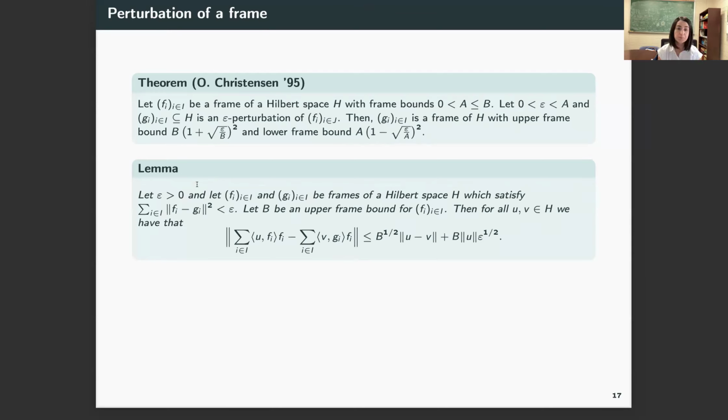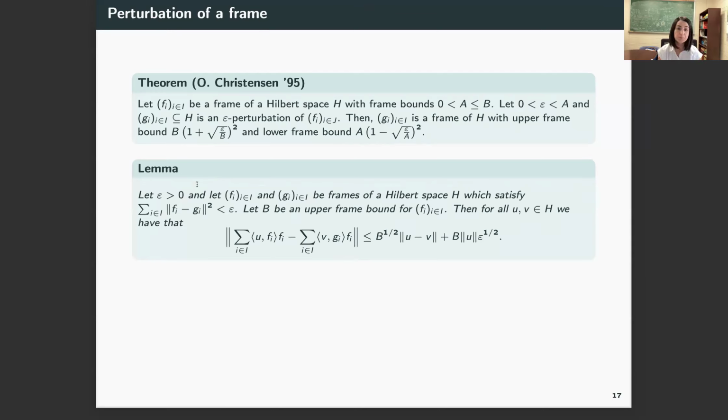But how are we going to use this information to get back to our approximation part? Our goal is to use the sampled values to approximate the vector f of x. But what is f of x? Since we said that fi is a Parseval frame, we have this reconstruction formula. So basically, I'm looking to use these sampled values to approximate f of x, which is in the following form.